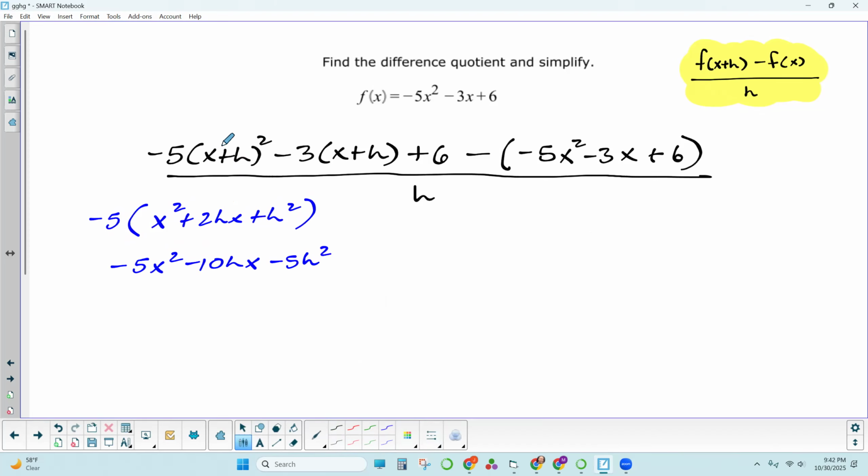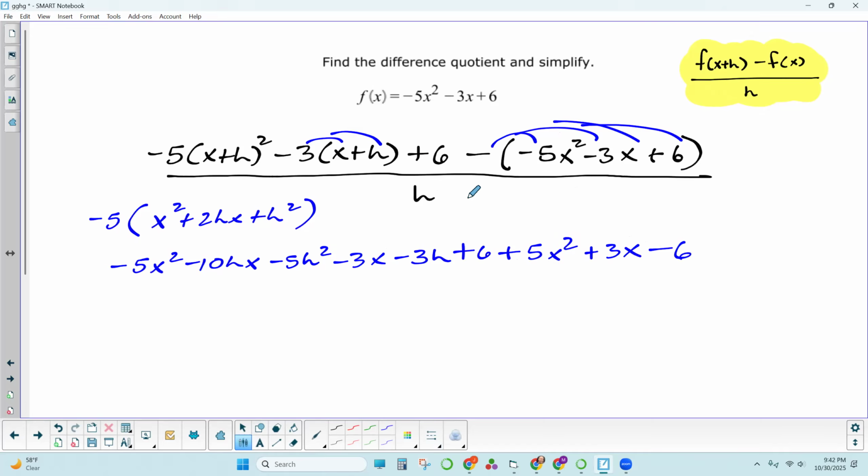Behind it, we distribute the negative 3: negative 3x minus 3h plus 6. Then we distribute the negative 1 with f of x: minus 5x squared plus 3x minus 6. And of course, all this over h.